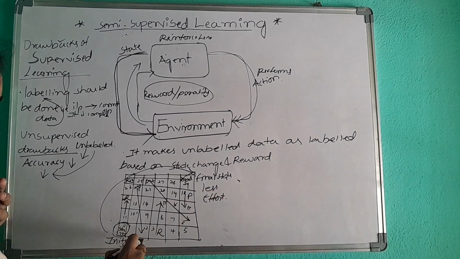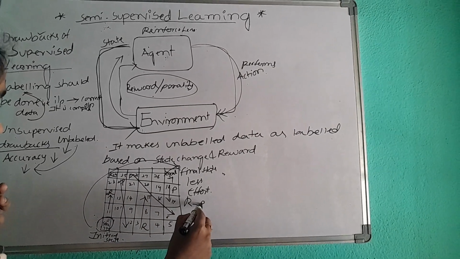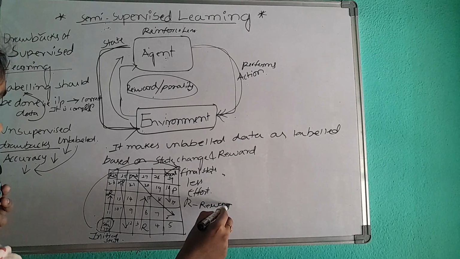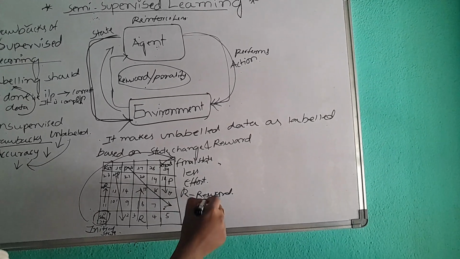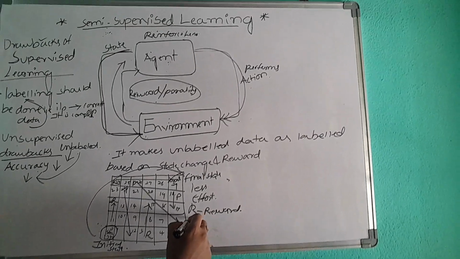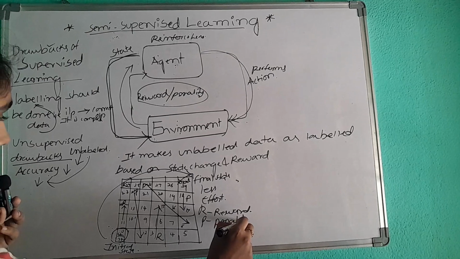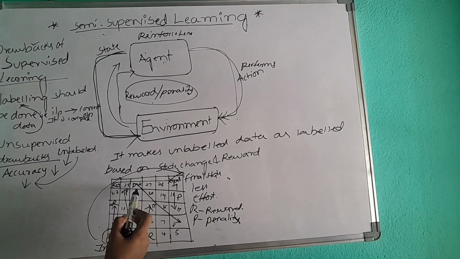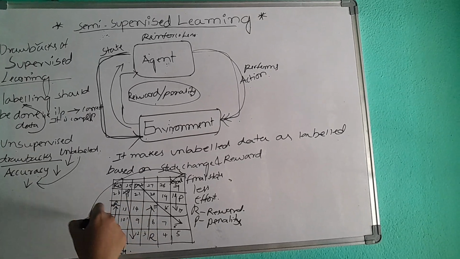To know this, we have to analyze all these points. Here R represents reward, which means we go forward in a much faster way. And P represents penalty, which means we drop down from our current state to a backward state.